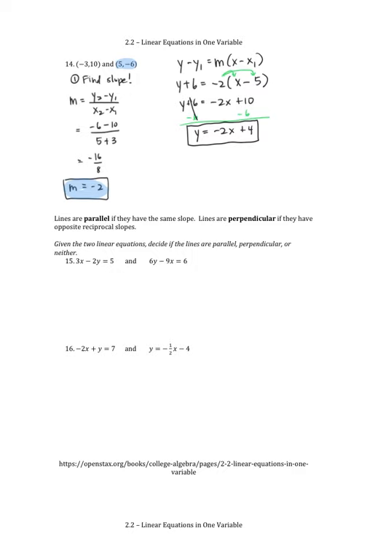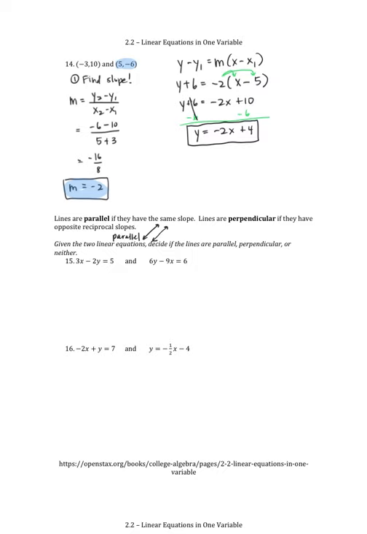All right. So the next thing we need to talk about are parallel and perpendicular lines. So parallel lines have the same slope. Parallel lines run in the same direction, have the same rate of change, so they never intersect. So those are parallel lines.